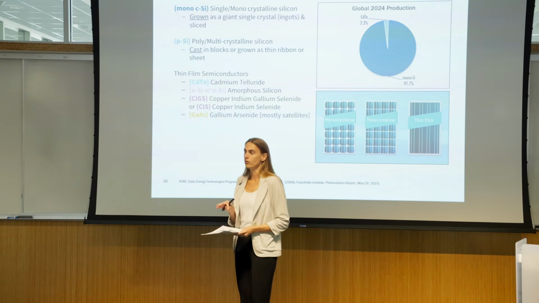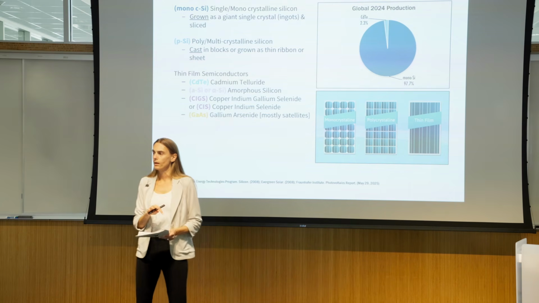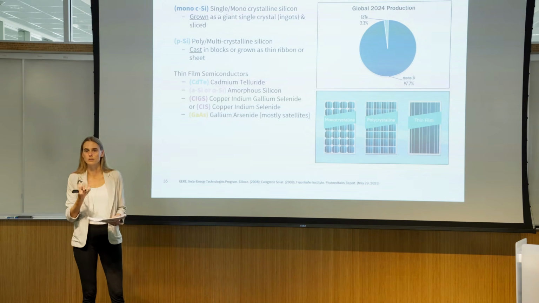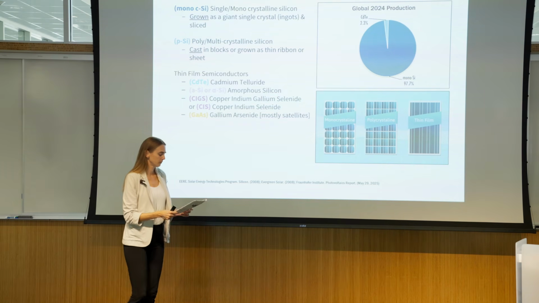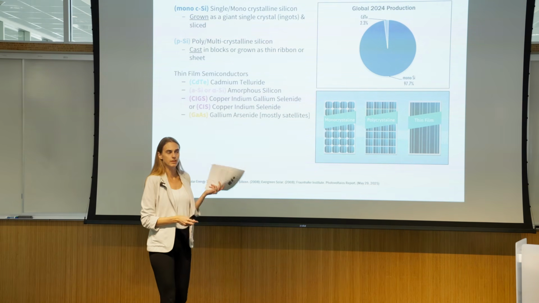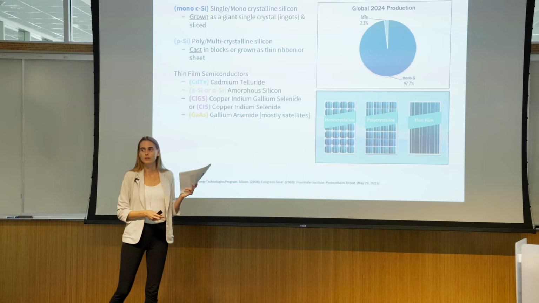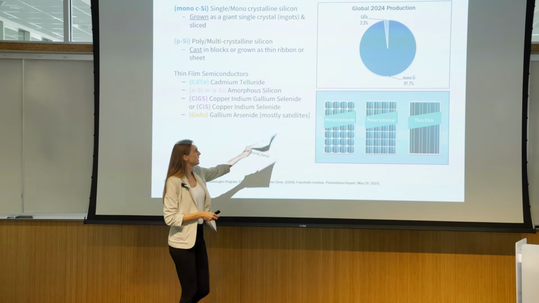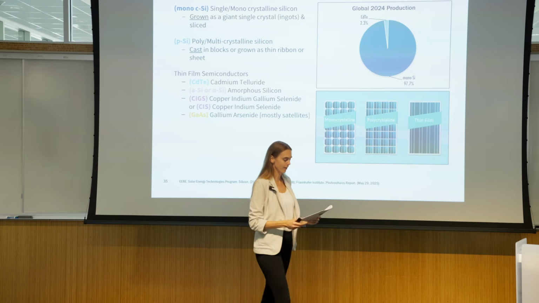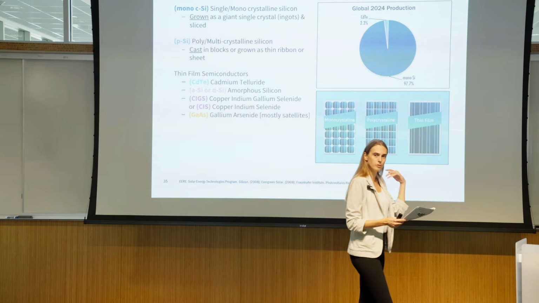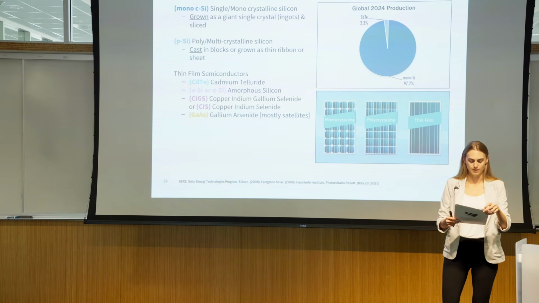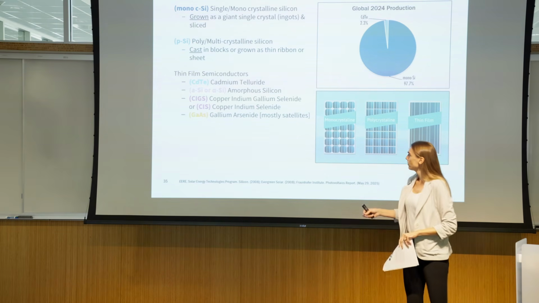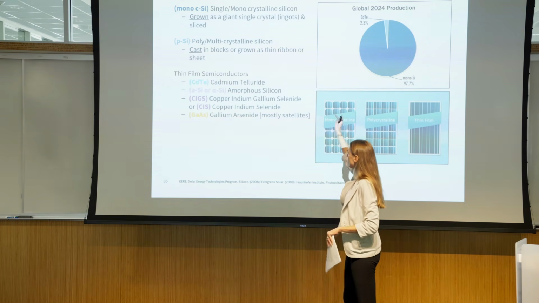Monocrystalline silicon has higher efficiency because it is that single pure crystalline structure. But polycrystalline silicon is easier to manufacture, it's less expensive. But despite that, the efficiency gains of mono are preferable, and that's why it's the one that's primarily produced. So you've got the silicon technologies, semiconductors.